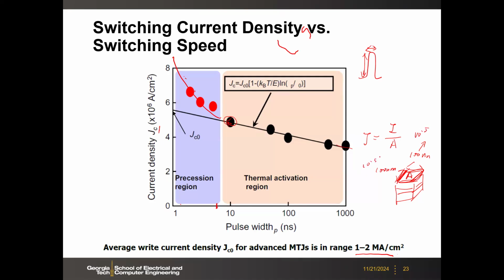So then squared, 1e minus 10, and then times this guy, like 1 times 10 to the power 6 ampere, divided by this. So it's 1e minus 4 amp. So it's 100 micron, you see. Even for 100 nanometer by 100 nanometer, if the density is 1 mega amp per centimeter square, you have to apply 100 micron. Of course, this is better than the field MRAM like milliamp before, right? But still 100 micron, the W over L of a transistor won't be 1.